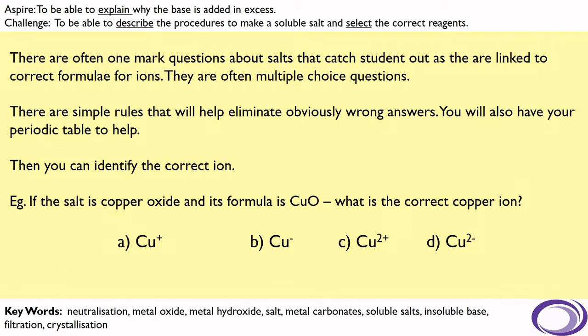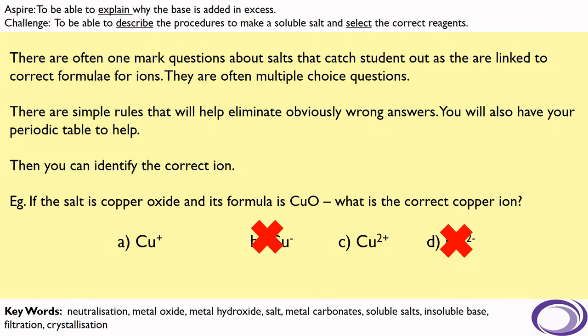Well, copper is a metal, and metals form positive ions, so you can eliminate 2 already. So it's either Cu+ or Cu2+. To figure that out, we can look at the oxide ion. Oxygen's in group 6 of the periodic table, which means it forms a 2- ion.